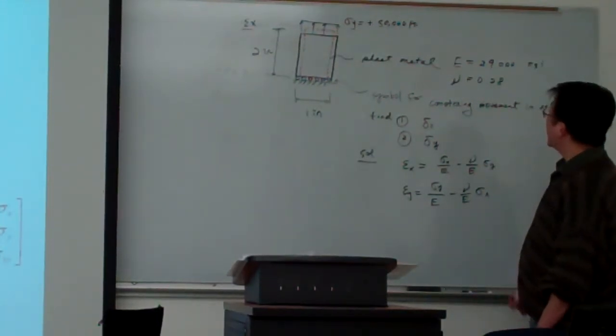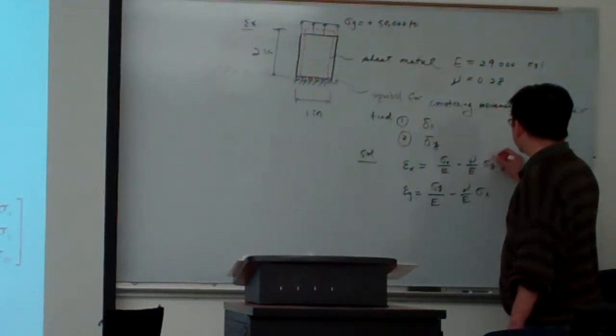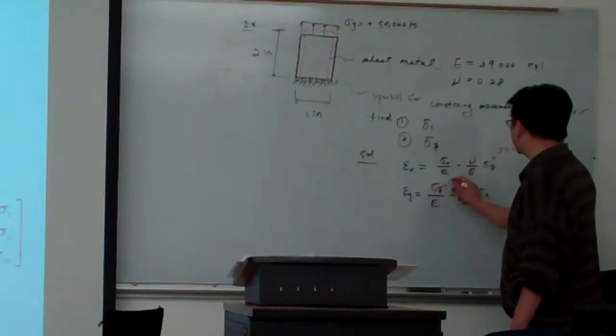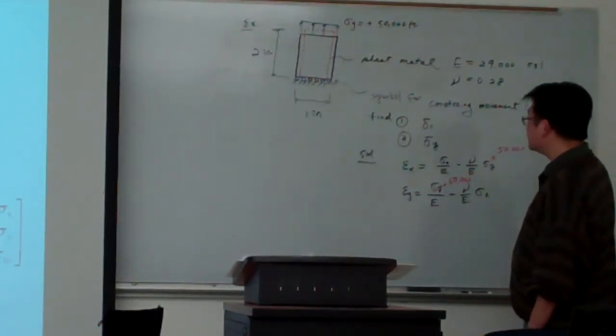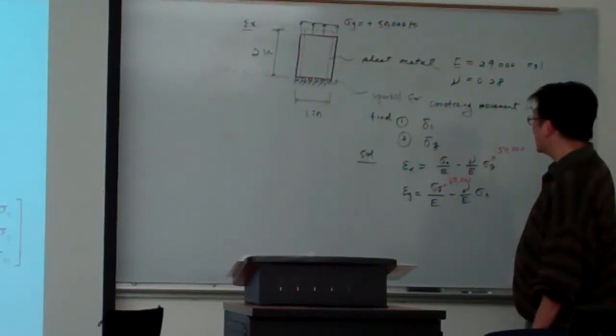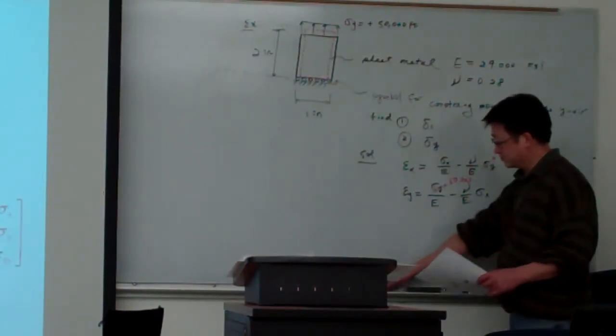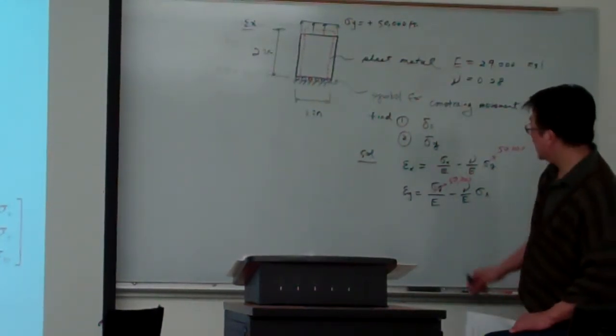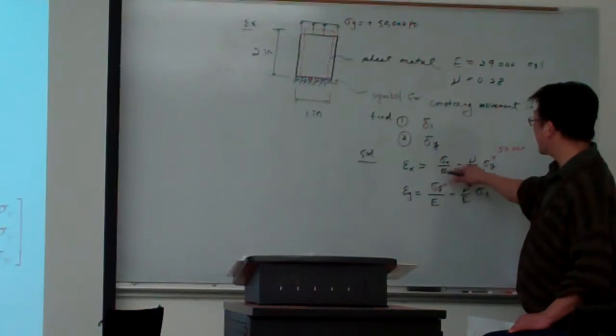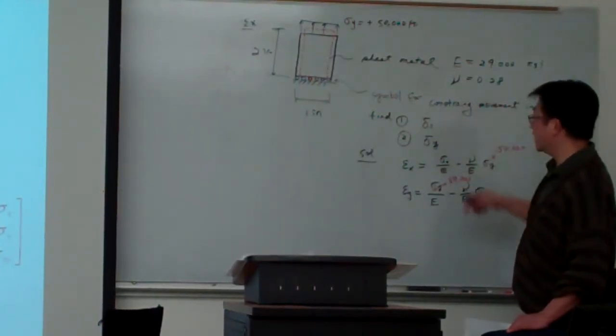For sigma y, this one is given as 50,000. We are given E and nu. Anything more?